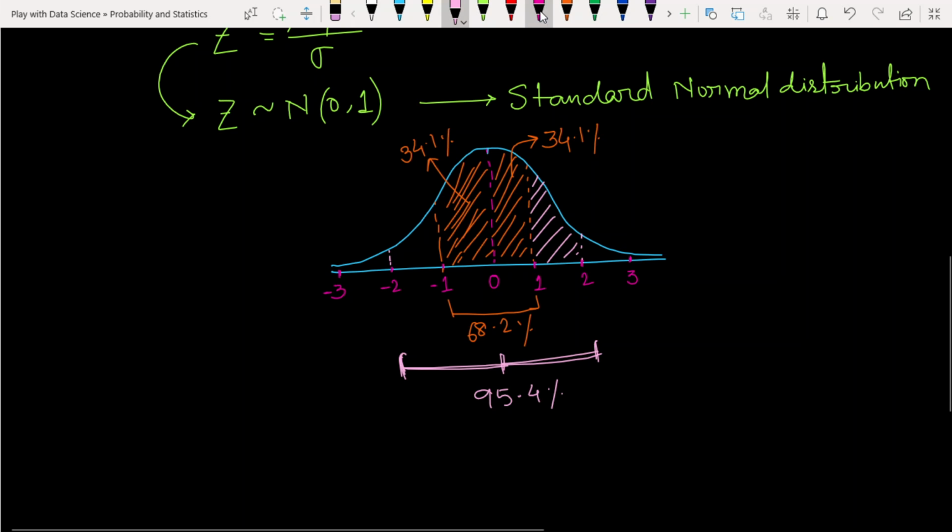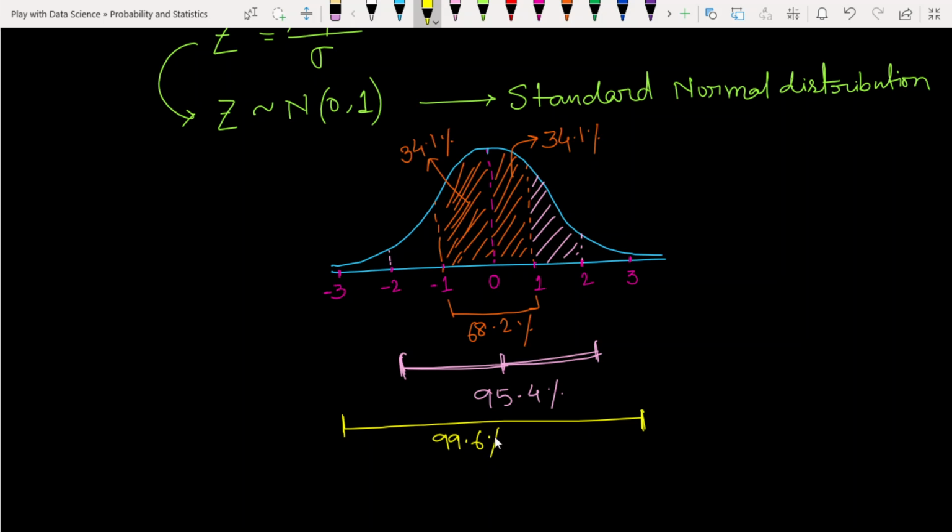And in the range of the third standard deviation, means in minus 3 to 3, we have 99.6% of the data. So on the first standard deviation range we have 68.2% of the data. On the second standard deviation range, that we have already seen.